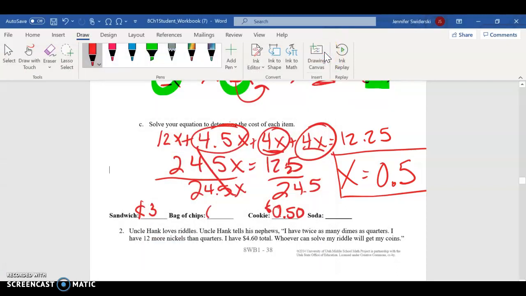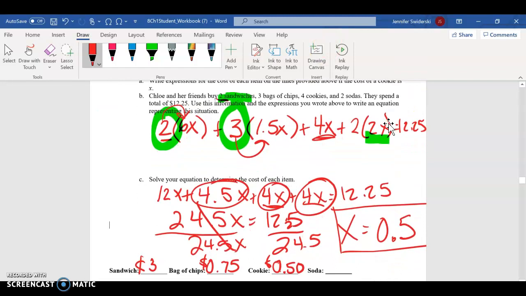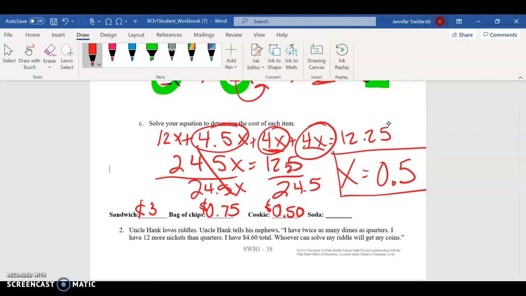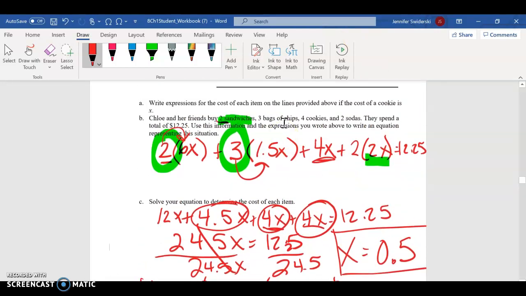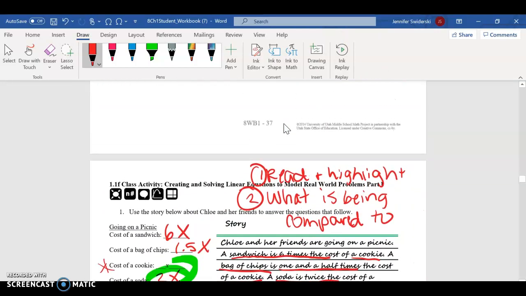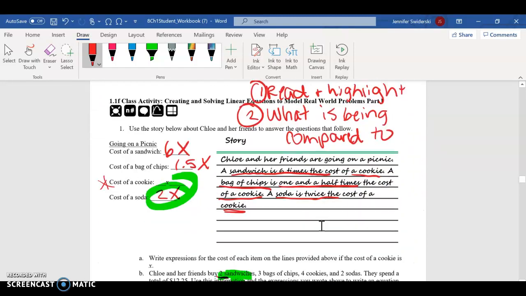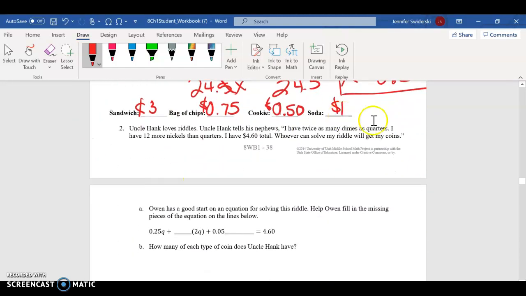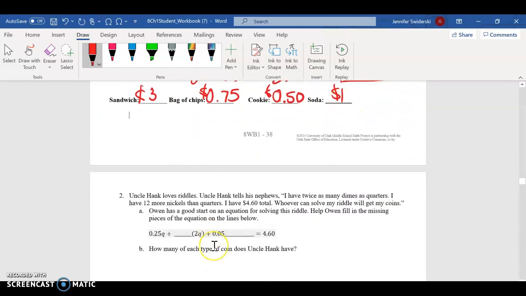So that must mean a bag of chips is 75 cents. We have our cookie, and a soda was twice the amount of a cookie. Well, twice the amount of 50 cents is $1. So really, we're just breaking this apart to make it easier. Okay, so read the problem and highlight. Ask yourself what it's being compared to. Okay, we're going to do number 2 in class.